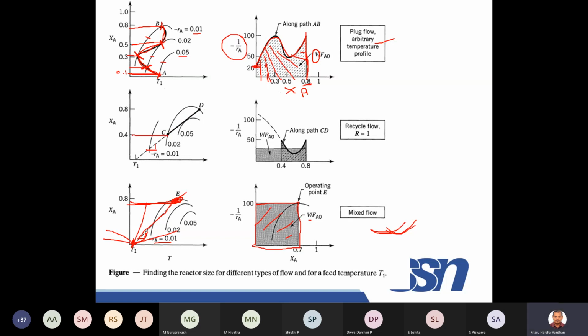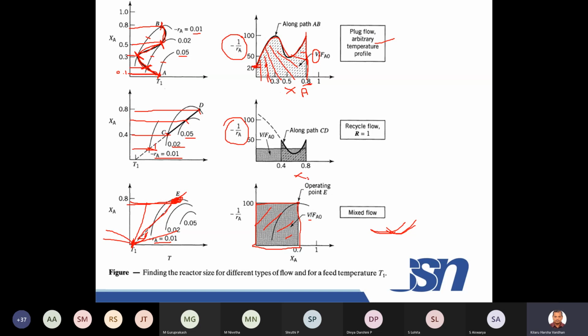So for those points, you know what the conversions are. This is a conversion and this is also a conversion. So put 1 by RA, which is minus 0.1, 0.05, 0.5. These are the XAs.